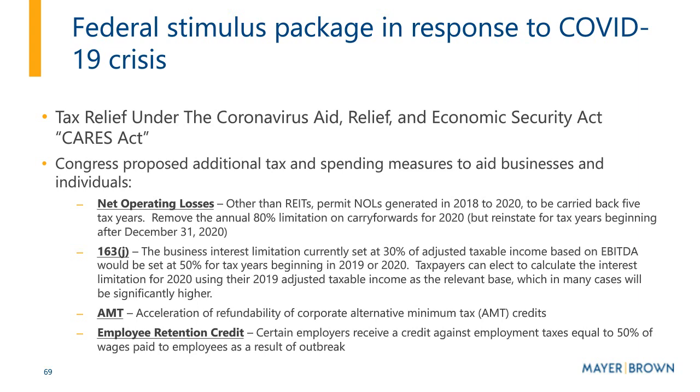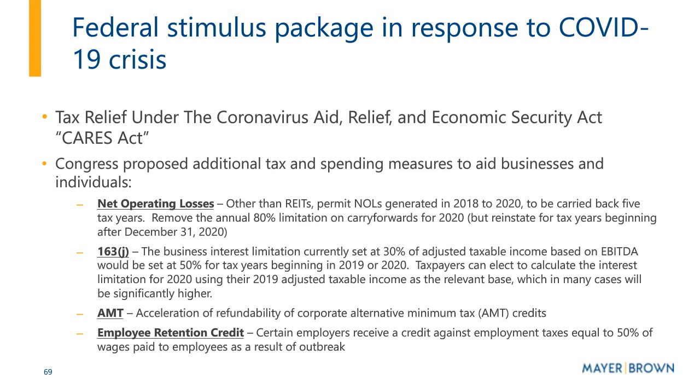Essentially, NOLs generated in 2018, 2019, and 2020 can be carried back 5 years, and the 80% limitation is removed, but then is reinstated again later. 163(j) is a provision that limits the deduction of interest expense that was set at 30% of EBITDA, essentially. That is being moved to 50% for tax years beginning in 2019 and 2020.